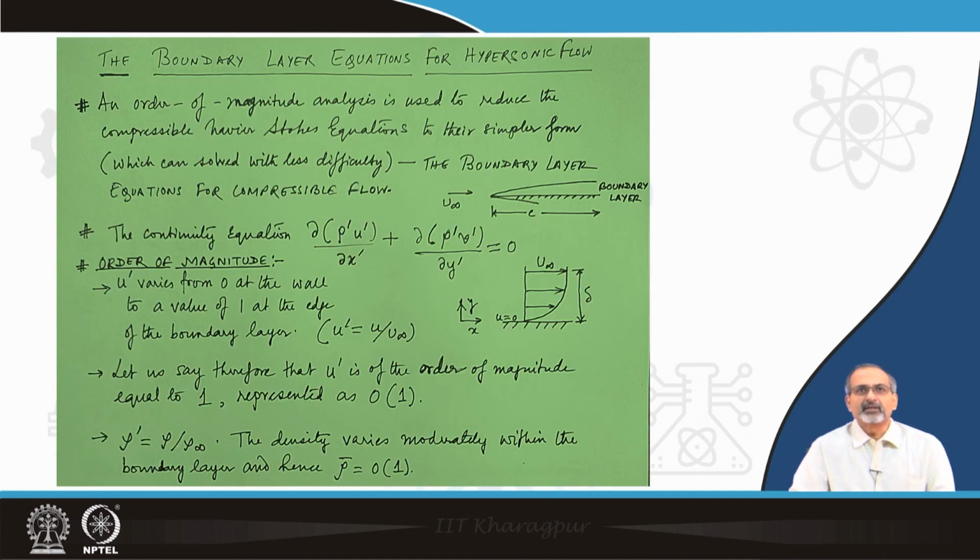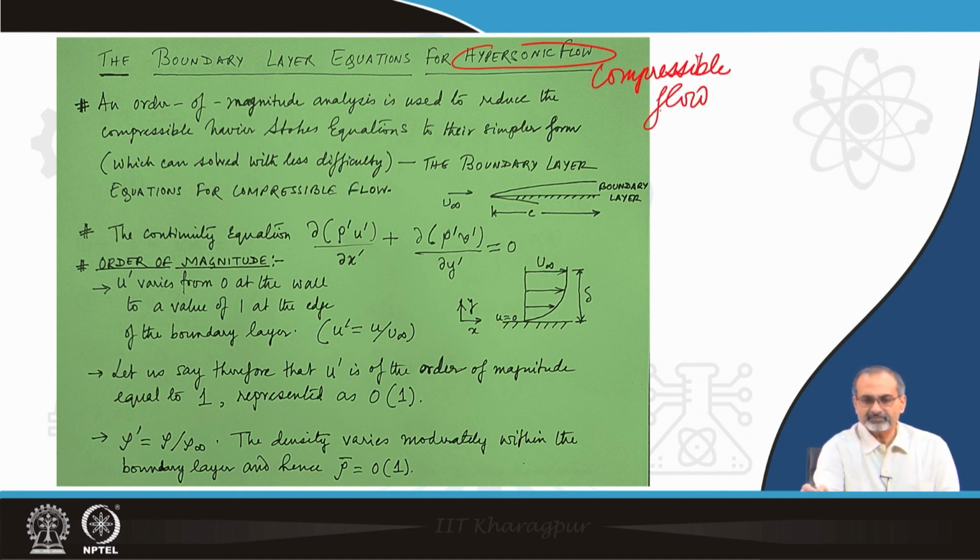Now, let us look at the boundary layer equations for not only hypersonic flows, but in general compressible flows. As you may be aware from your earlier courses of fluid mechanics or fluid dynamics or aerodynamics, we often talk about an order of magnitude analysis when we discuss the boundary layer equations.